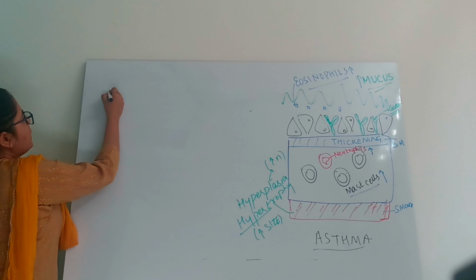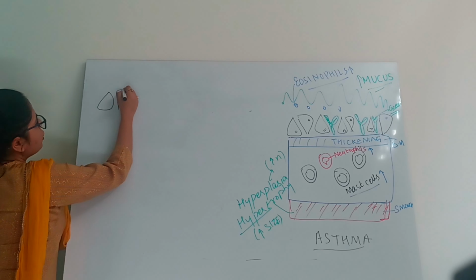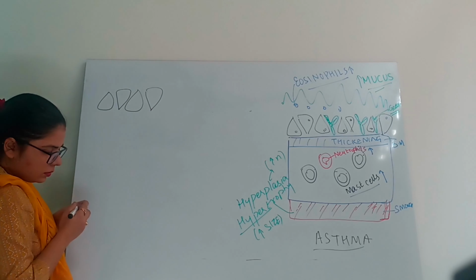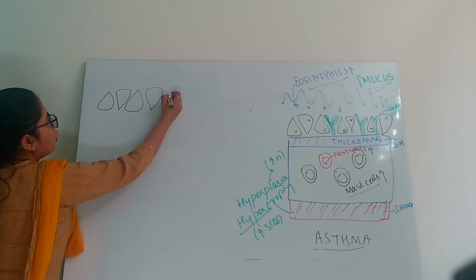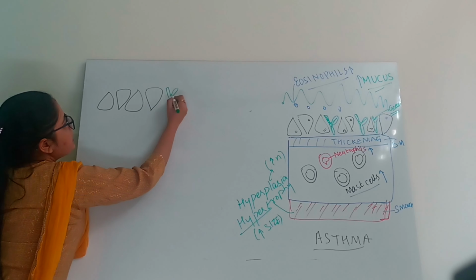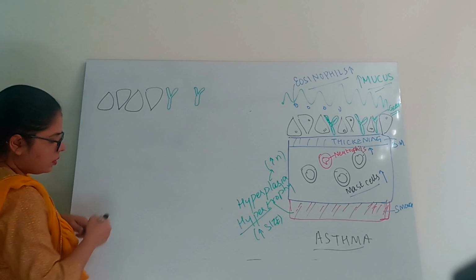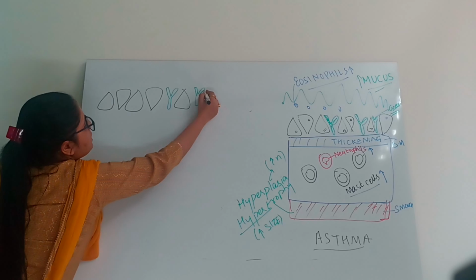I'm just drawing the basic structure and then what would be triggered. There were a lot of goblet cells, as I mentioned, and these are the endothelial cells.